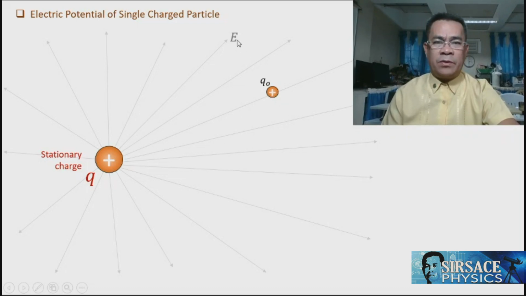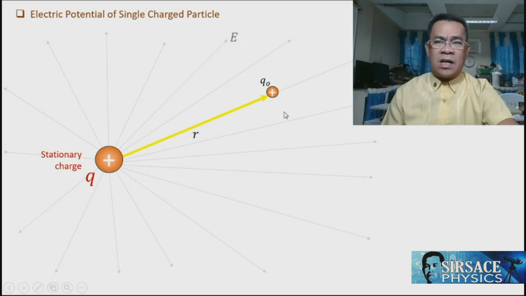The electric field is produced because of the charge distribution. Since Q naught is placed in a region where there is an electric field, this charge experiences a force. That force is related to the electric field, and also to the stationary charge, the moving charge, and their distance.